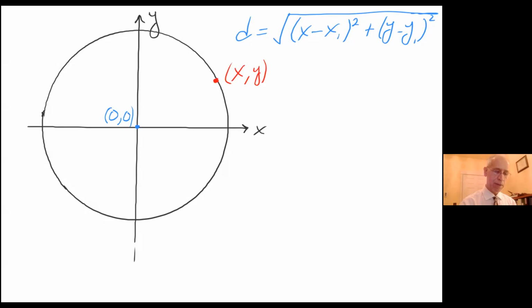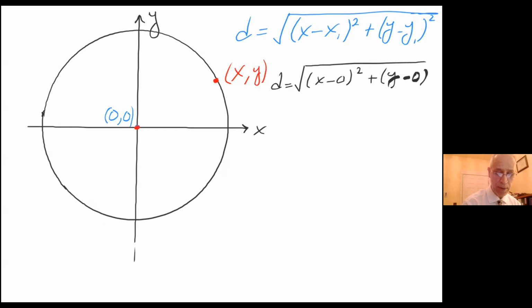So using the distance formula, I can claim that the distance between this point x, y and the center of this circle is d equals the square root of (x minus 0) squared plus (y minus 0) squared.